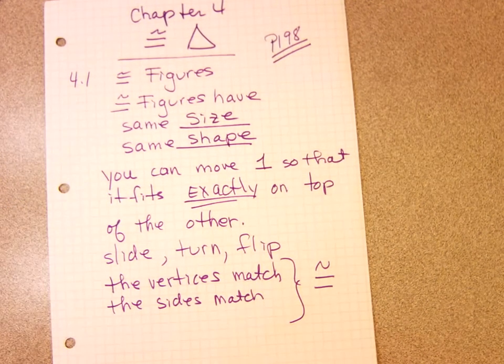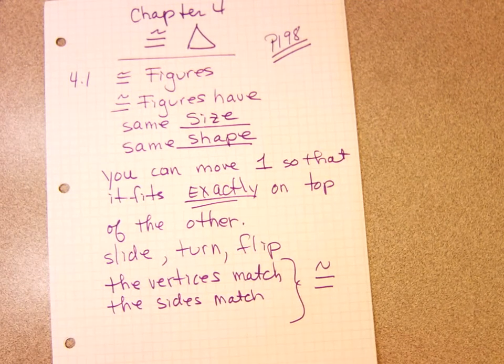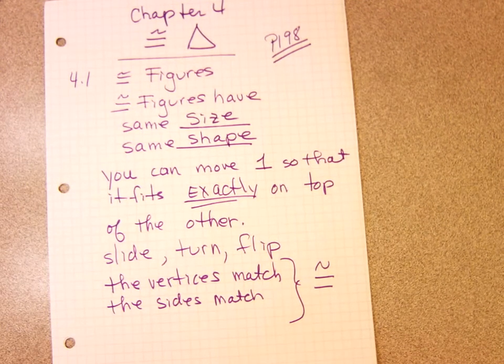Now, sliding, turning, and flipping are ways that we translate or transform figures, and we're going to look at those in chapter 9. And in chapter 9 we'll probably do our tessellation project, because tessellations have a lot to do with transforming shapes.